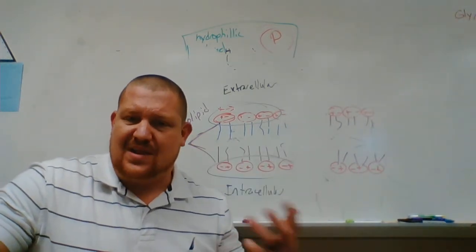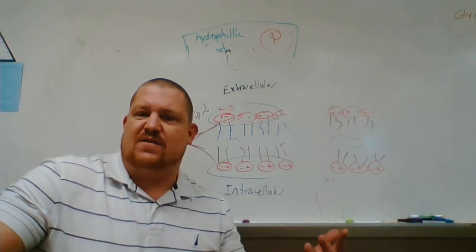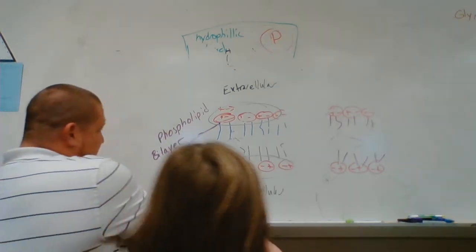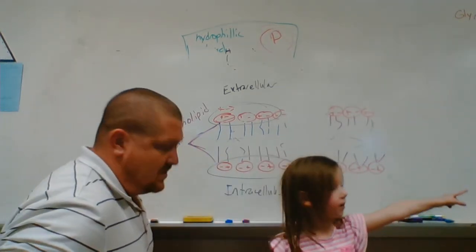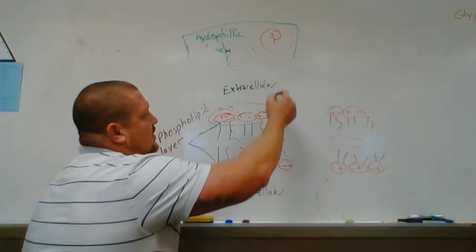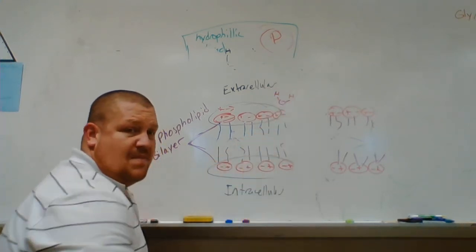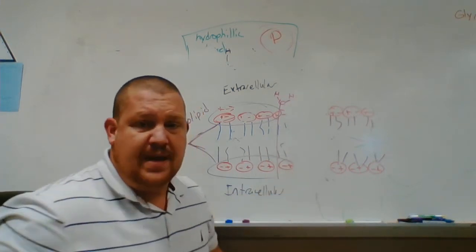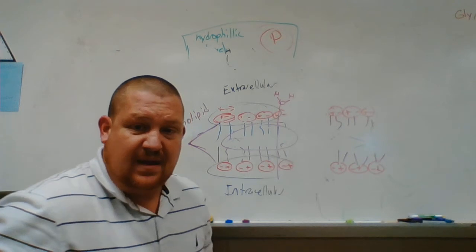But when water-like things, or things with charge, or big things come along and try to go through, say a water molecule comes along and tries to go through, it won't make it. It can't go through this hydrophobic area.